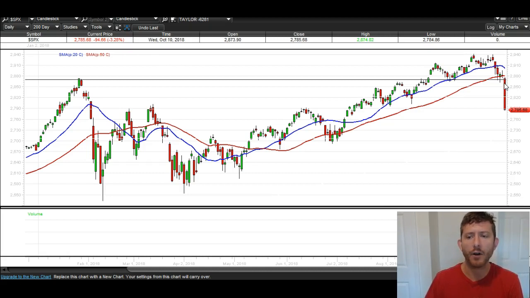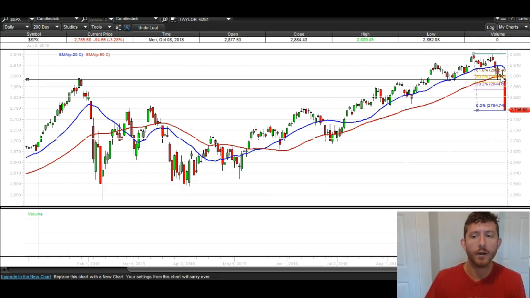In my opinion, if we do get some kind of relief rally on the S&P 500, up to about 2850 all the way to about 2880, I think that is a good shorting opportunity. If you draw a Fibonacci retracement from the high to the low of today, the 61.8 level matches up right around 2880, and the 50-day moving average is right there as well.